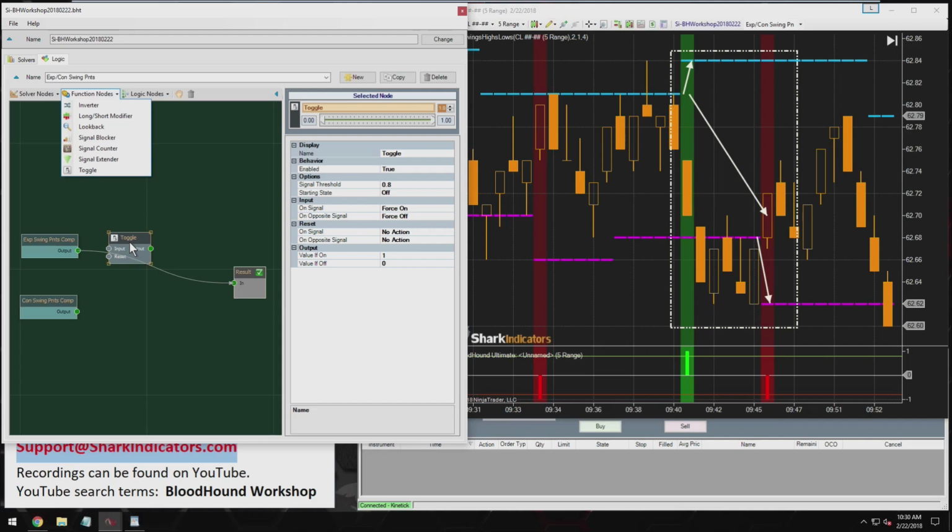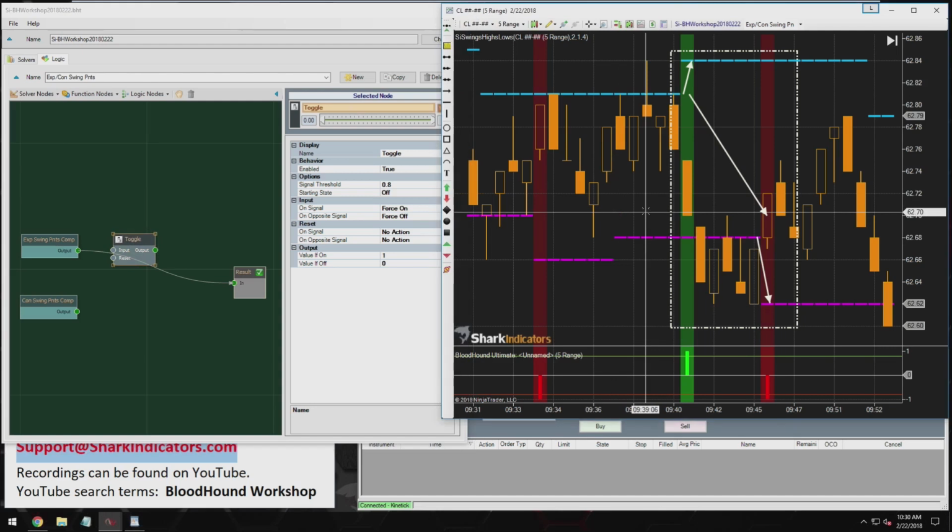So what that means is that the toggle node can wait an indefinite number of bars to connect the swing high expansion to the swing low expansion, whereas the signal extender has a built-in limitation where the swing high condition can only be extended forward a limited number of bars.